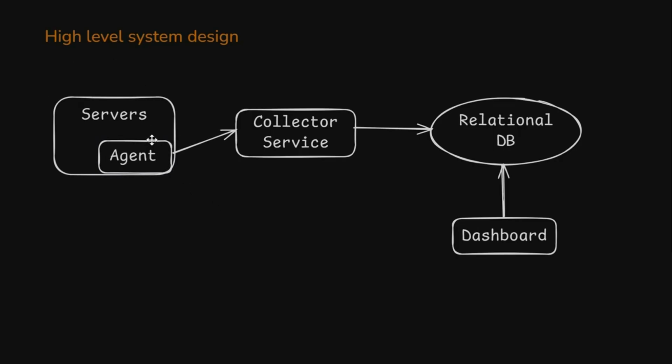So these agents have control over these servers. They can get these metrics like the CPU, RAM or disk utilizations on these servers and can periodically call this collector service API to push this information, and this service will save this information to the database.